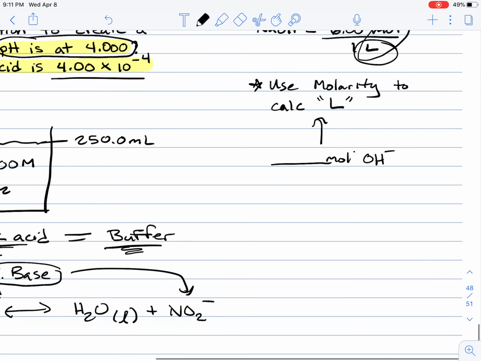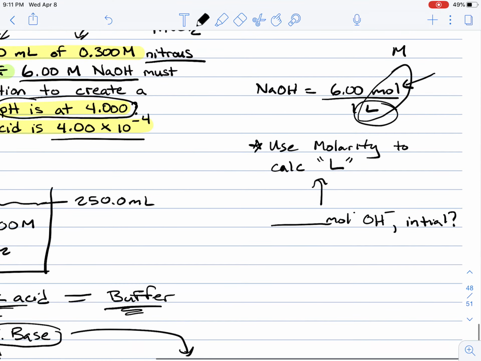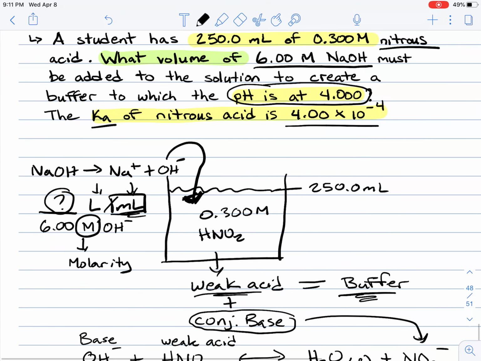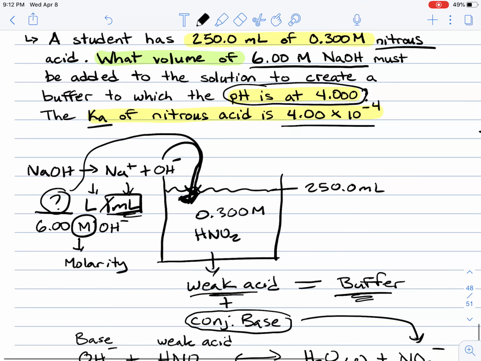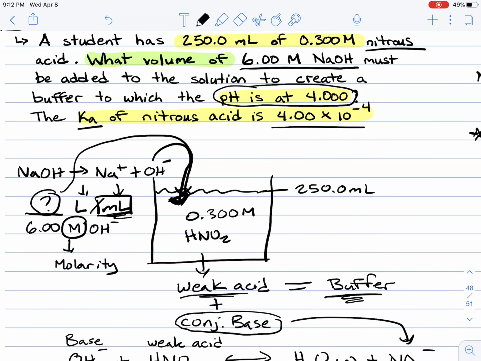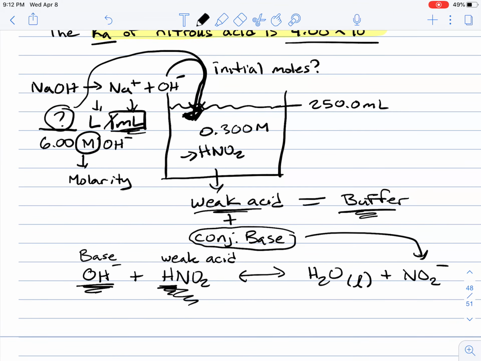More specifically, how many initial moles? The reason I said initial is because I'm initially putting some volume of sodium hydroxide into my beaker. So what I want to figure out is how many initial moles I am actually putting in to react with nitrous acid.